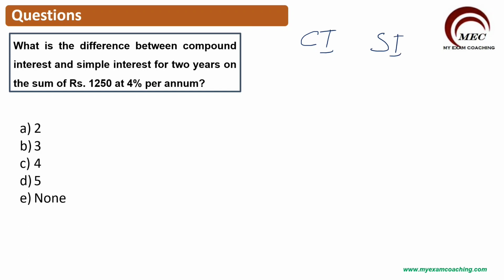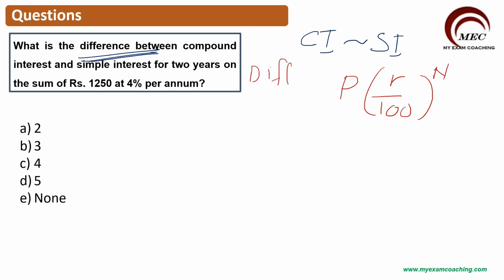So whenever we have to find out the difference between compound interest and simple interest, we have a very important formula, and you can note the formula is P into R by 100 power n. This is the difference between compound interest and simple interest. Very important formula. Okay, P into R by 100 power n.